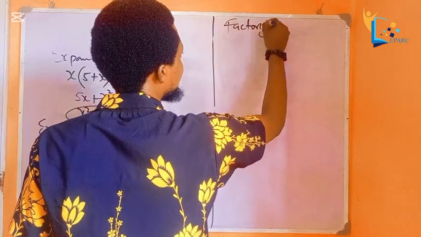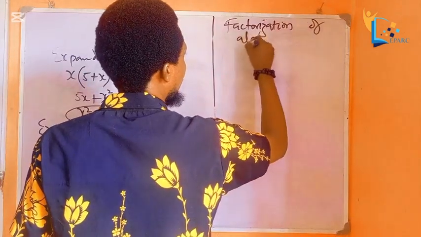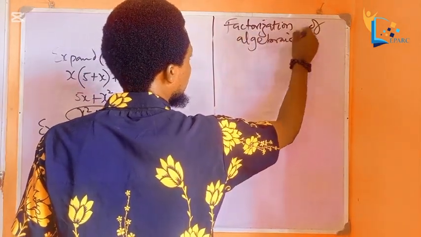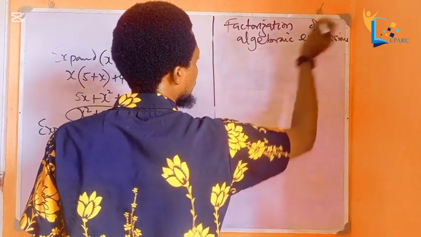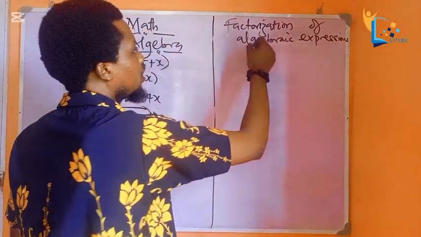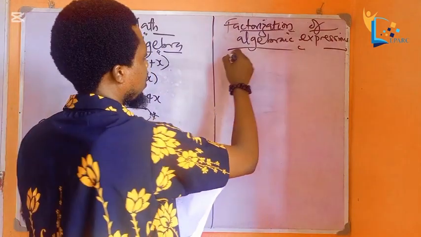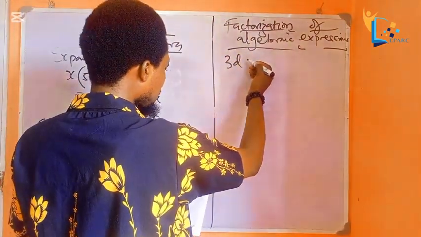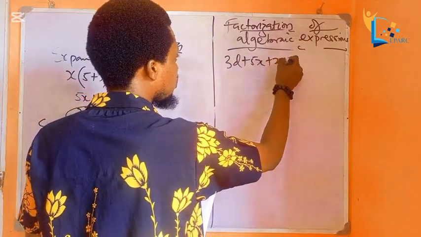Okay, factorization of algebraic expressions. Okay, now let's take some examples. Let's say we have 3d plus 5x plus 2d.